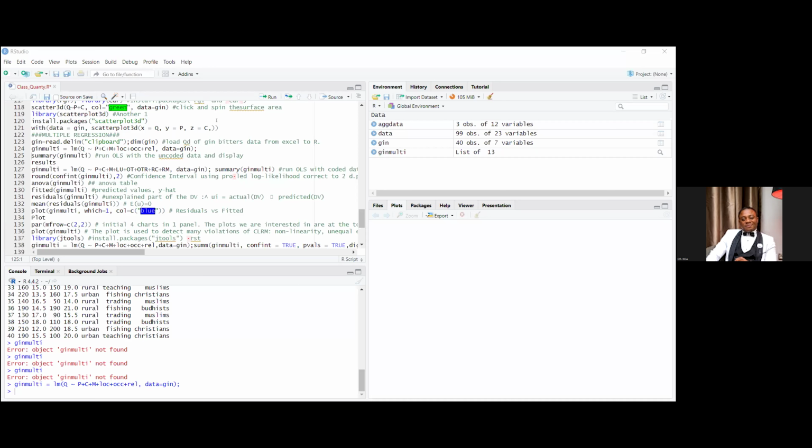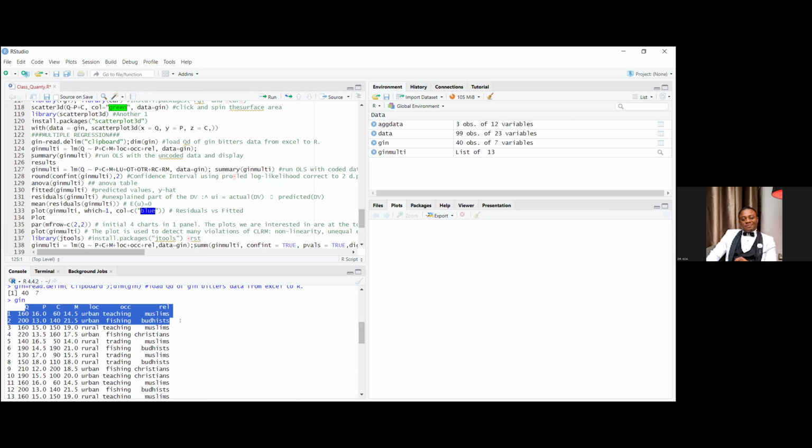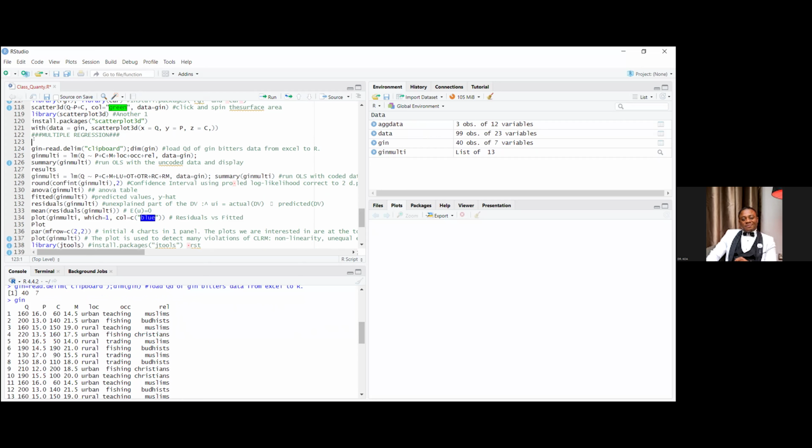Okay, go to the head of the data and let me see. Right, everything is fine there. So let's do library CAR. Maybe before the gene, before the 1, 2, 3, create a space and library CAR.